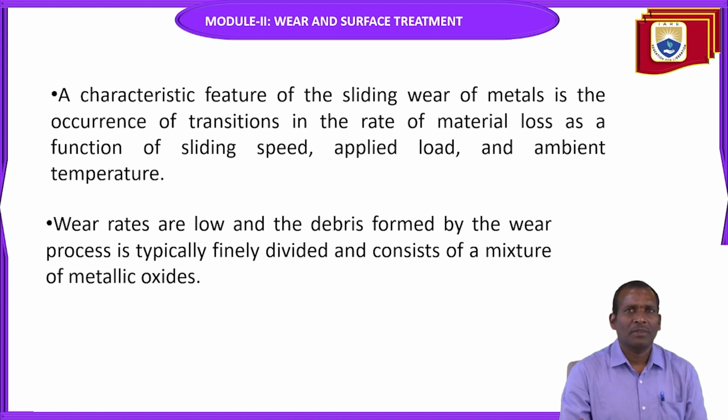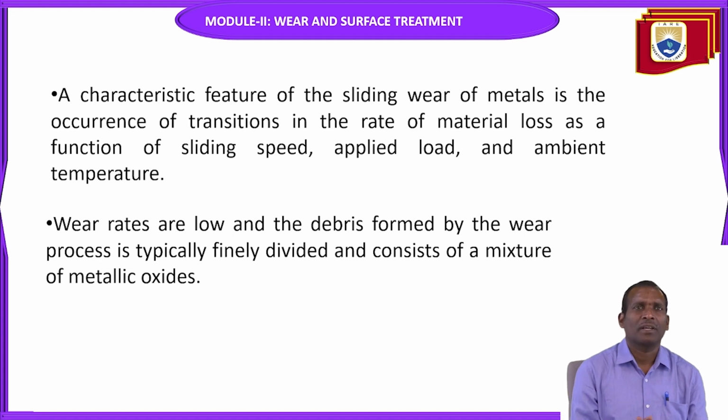The characteristic feature of the sliding wear of metals is the occurrence of transitions in the rate of material loss as a function of sliding speed, applied load, and ambient temperature. So wear rates are low and the debris formed by the wear process is typically finely divided and consists of a mixture of metallic oxides.